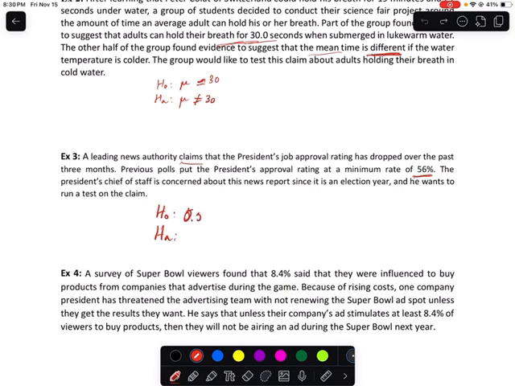We'll say little p equals 0.56. And then the president's chief of staff is concerned about this news report, since it is an election year, and he wants to run a test on the claim. What is the claim? That it has gone down, so this is p less than 0.56.